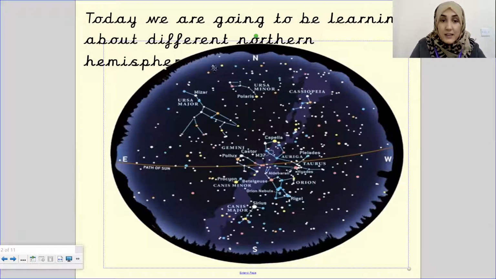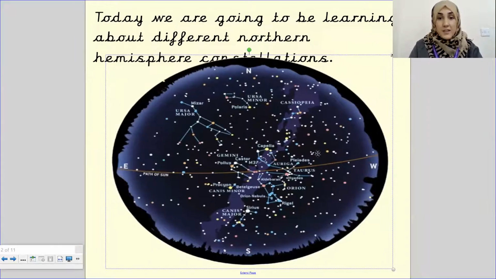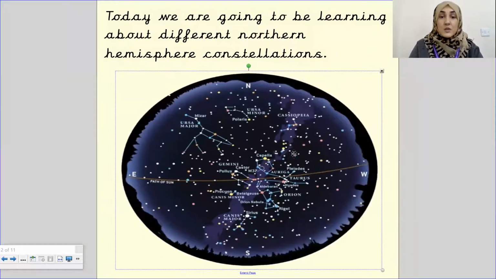We are going to be looking at the constellations in the northern side, because in England we are in the northern side of the hemisphere. So these are the constellations that, on a very starry night, if we look outside through our window, we will be able to see some evidence of their existence.